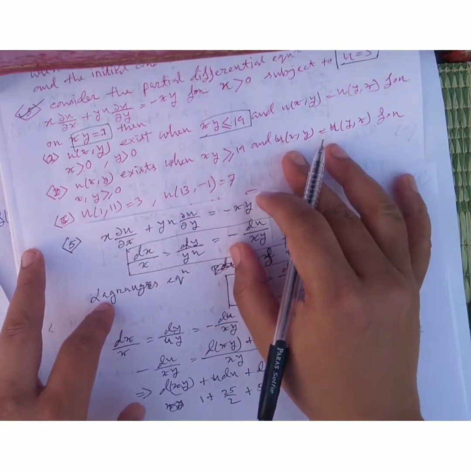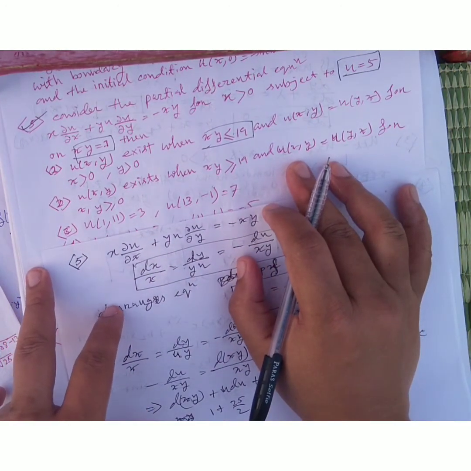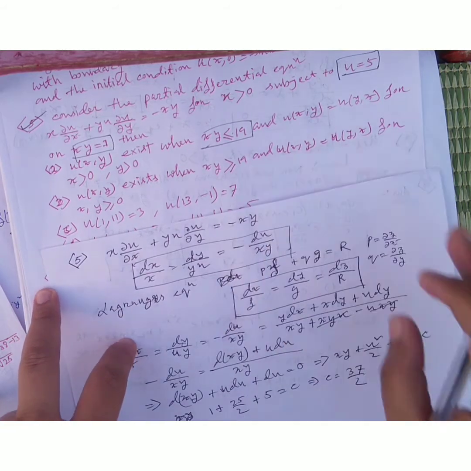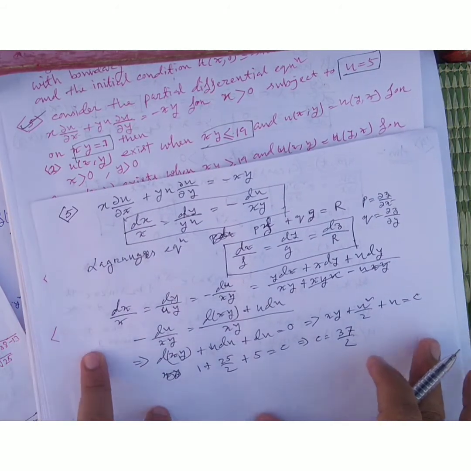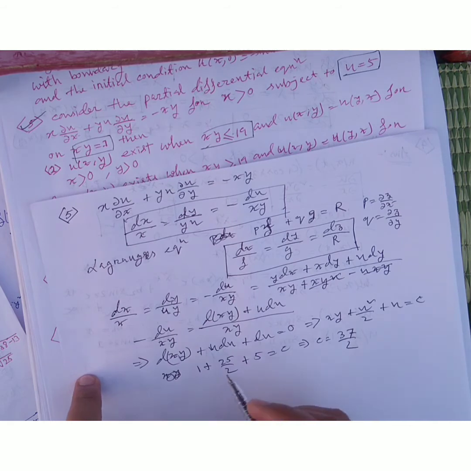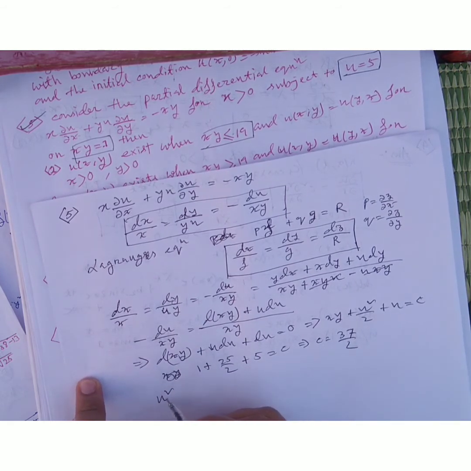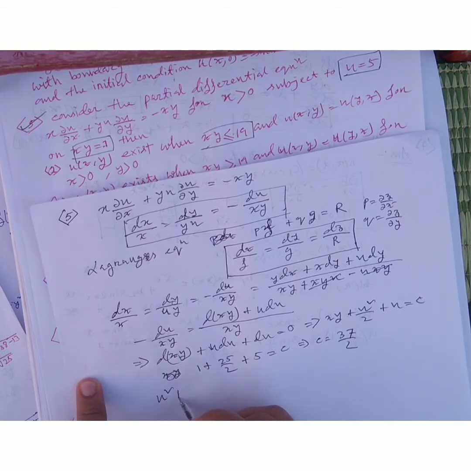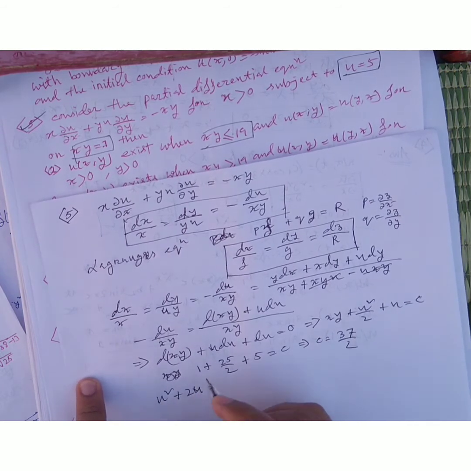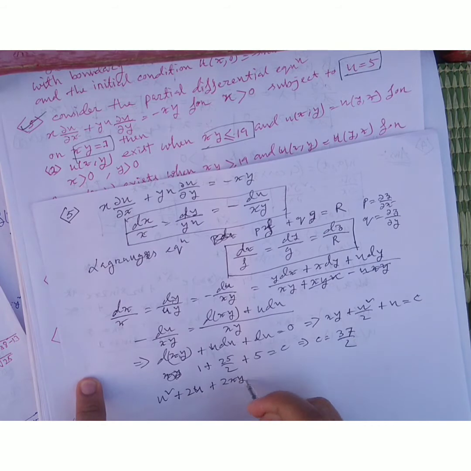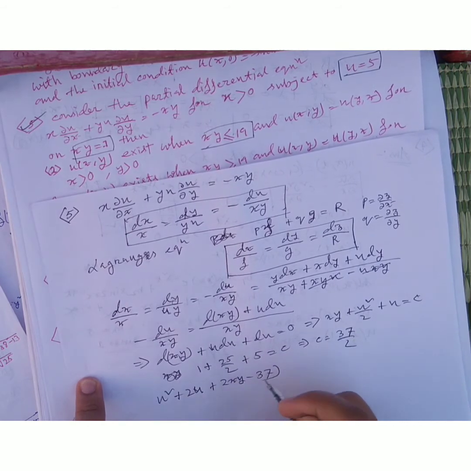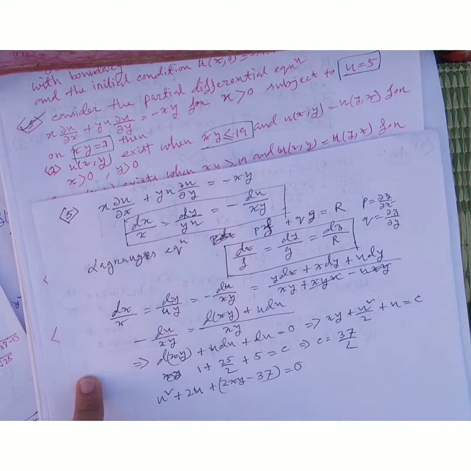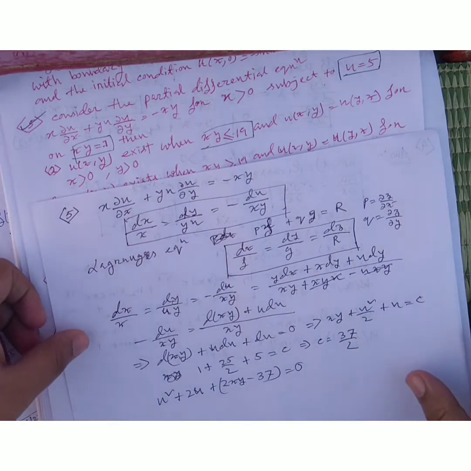And my question is, where is the question? Okay, no problem, 37 by 2. So according to my question, u square plus 2u plus 2xy minus 37 is equal to 0.